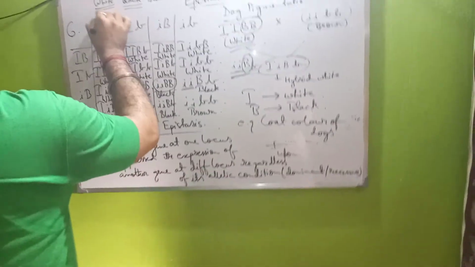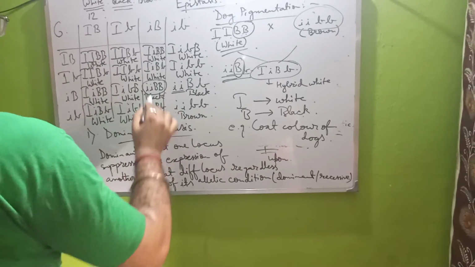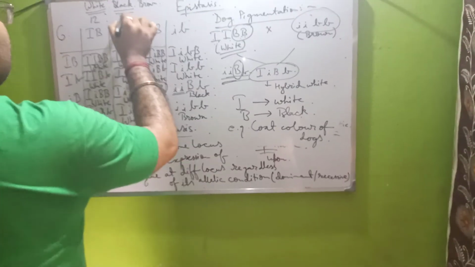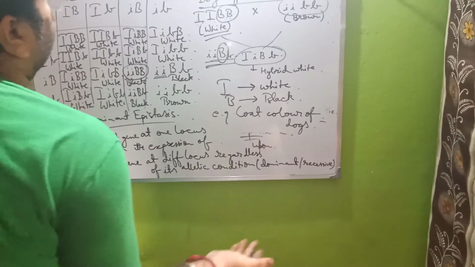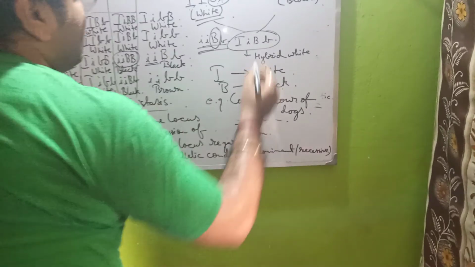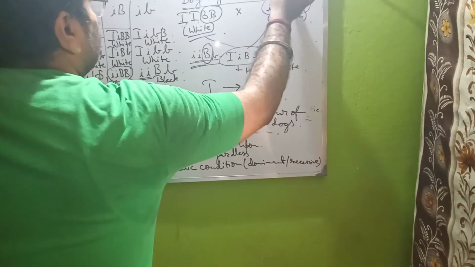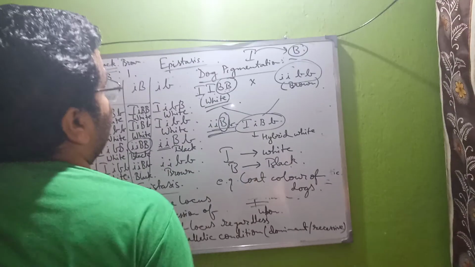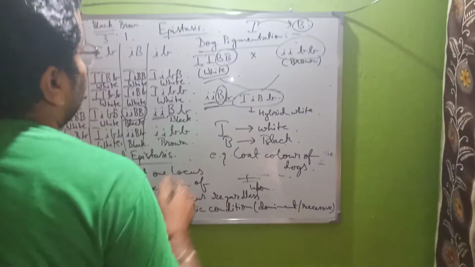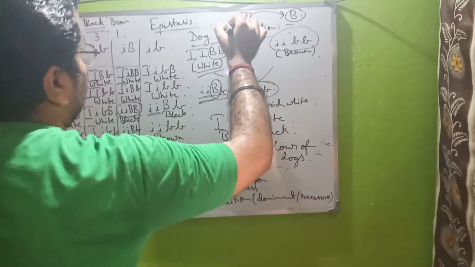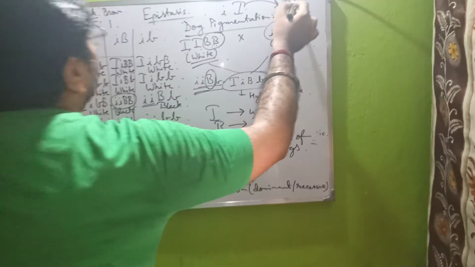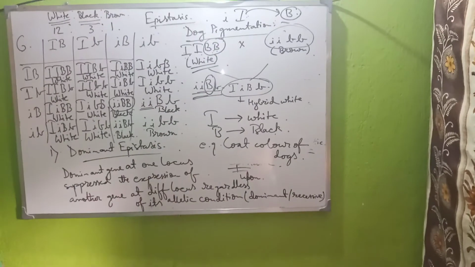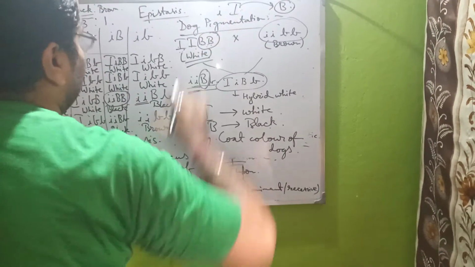From here what we have got is that white is 12, black is 3, and brown is 1. Only when all the alleles are recessive will brown be expressed. So you can understand that the I gene suppresses the expression of the B allele. Whenever even a single I gene is in dominant form, it will not allow the B gene to express itself, and that's why it was white.